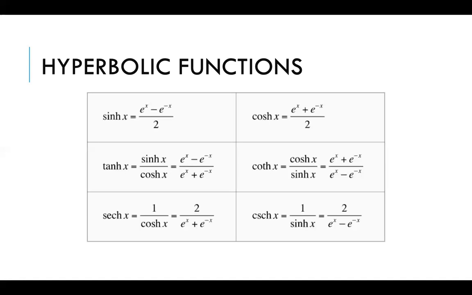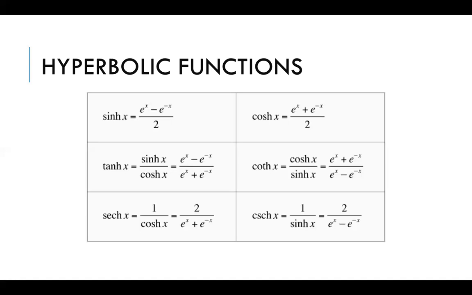Then the hyperbolic cosine is opposite in terms of the sign between the positive exponent x and negative exponent x. If hyperbolic sine has a negative sign in between, hyperbolic cosine has positive.